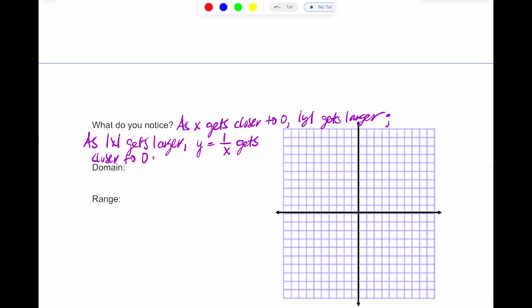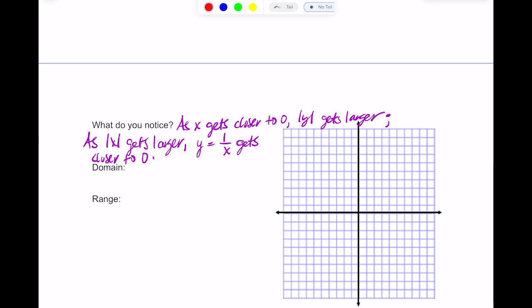Now, how would I graph something like this? Well, if we think about the domain, which refers to x, if I substitute a 0 in for x, 1 divided by 0 is undefined. So 0 is not a good number. We have to remove it from the domain of this function.